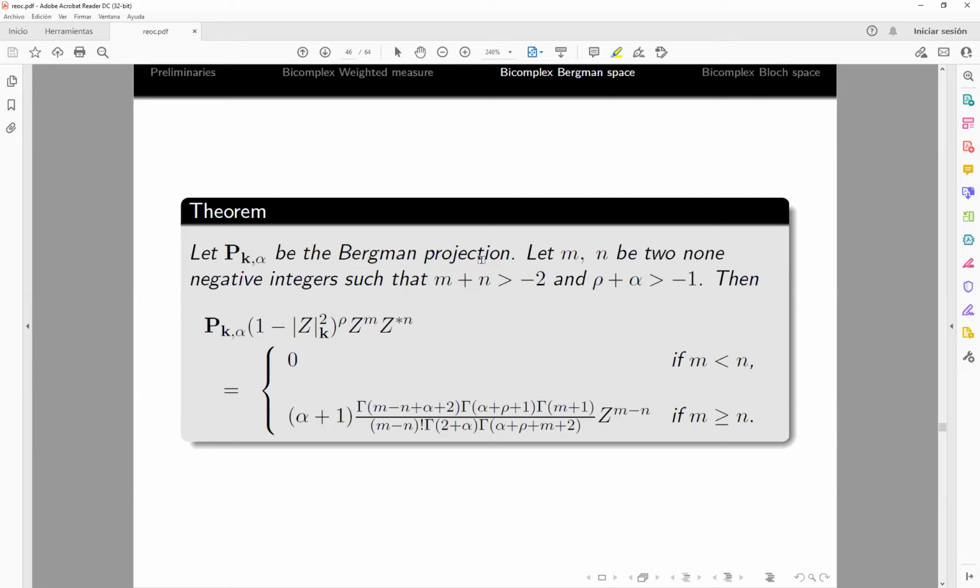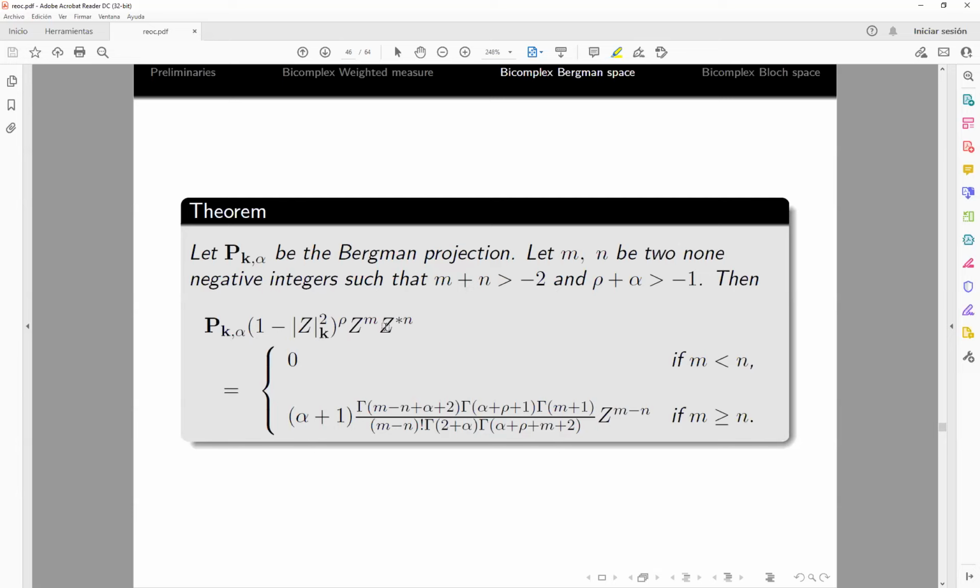Let's begin with the Bergman projection, and we consider m and n two non-negative integers, such that m plus n is greater than -2, and rho plus alpha is greater than -1. Then we calculate the Bergman projection of this function. Of course, these functions belong to the L1 space, it's bounded. You can see it is not bicomplex holomorphic.